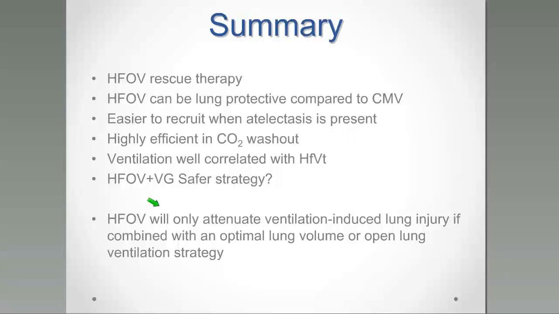And probably we need some more evidence about this, but using the volume guarantee during high frequency ventilation should be a safer way to use high frequency. But remember that high frequency ventilation will only attenuate ventilation-induced lung injury if we combine it with an optimal lung volume, or what we call the open lung strategy.